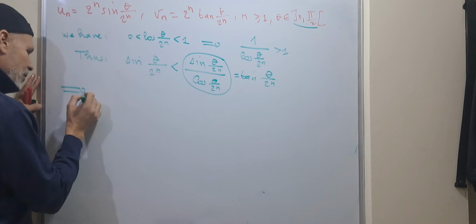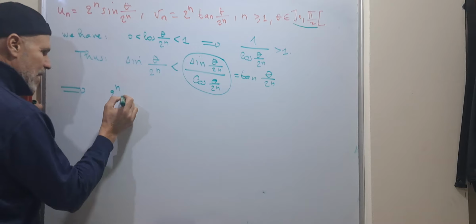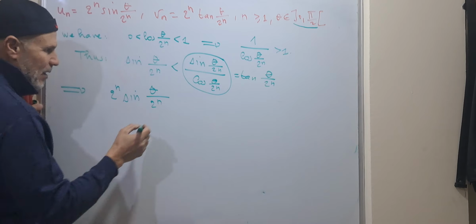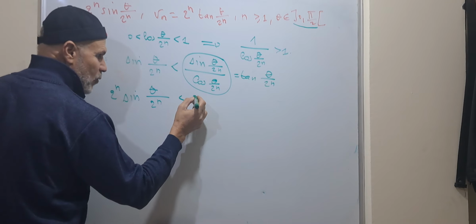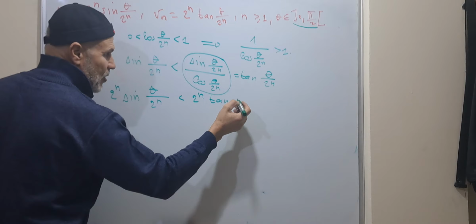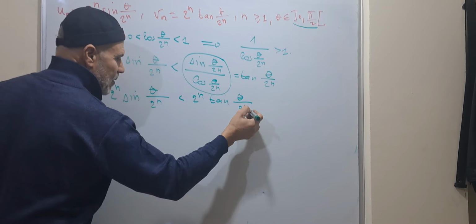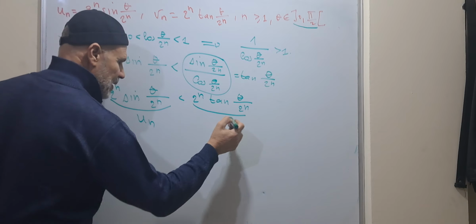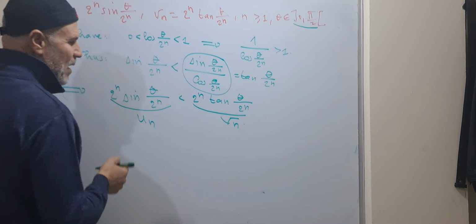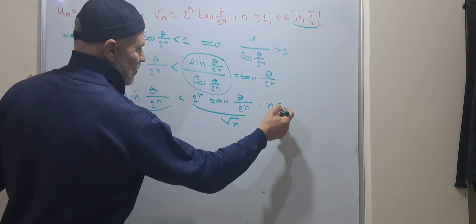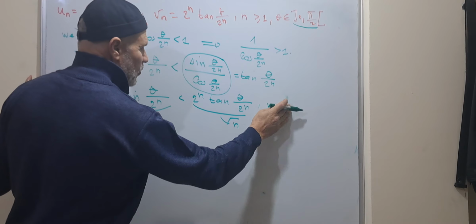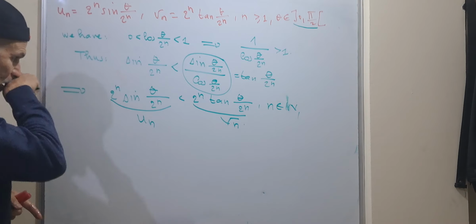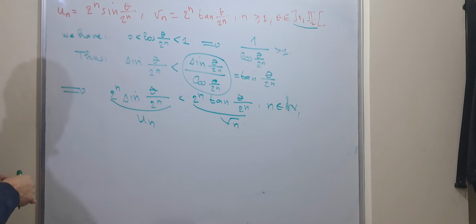If we multiply by 2 power n, we get 2 power n sine theta over 2 power n is less than 2 power n tangent theta over 2 power n. This is u_n and this is v_n. This is true for all n in N, and theta between 0 and pi over 2. This is the first remark.